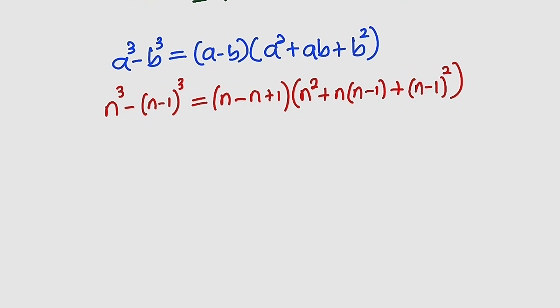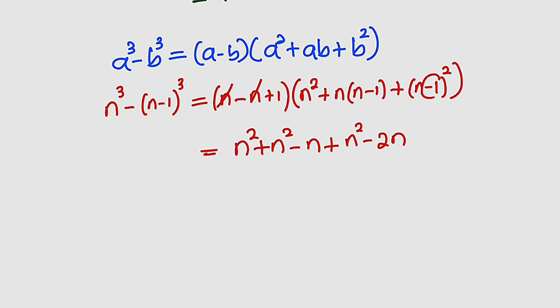So let's simplify this. n cancel n, we have only 1, and 1 times this will be that. So this is equal to n squared from the other bracket. n times n is n squared. n times negative 1 is negative n. Then we move to the other one. This is binomial expansion. You take the first term, you square that, minus, because of that minus sign, 2 times n times 1, that is 2n.